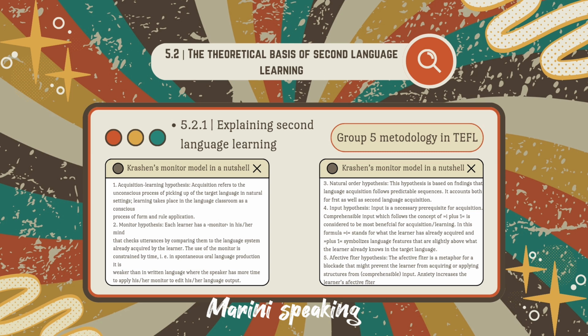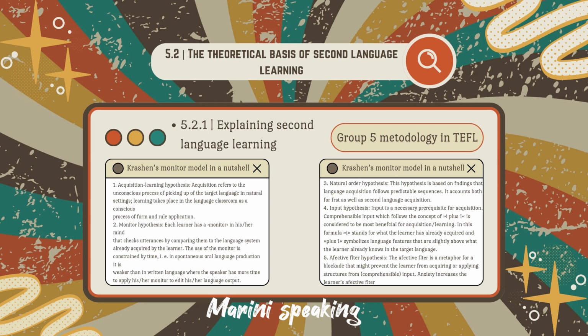Output hypothesis. In answer to the input hypothesis, someone developed the output hypothesis, which basically claims that second language learners need opportunities for language use because language production forces a learner to move from comprehension to syntactic use of language.